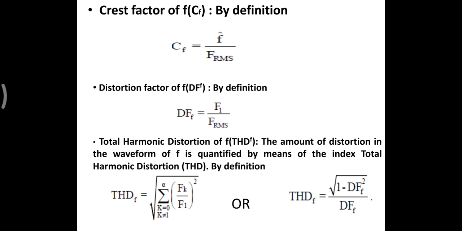So the crest factor can be expressed as the peak to peak value divided by the RMS value. This crest factor explains how much the waveform is disturbed. Suppose we consider an output, we compare it with the reference output, against the output we get from the device.